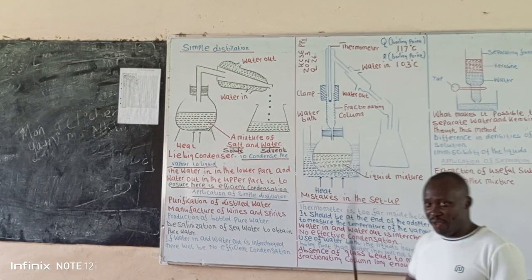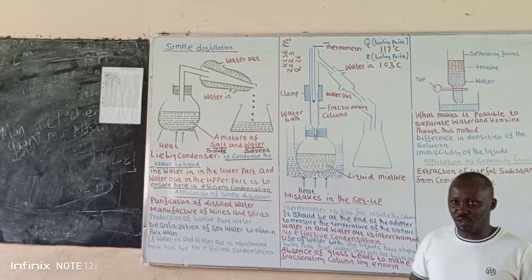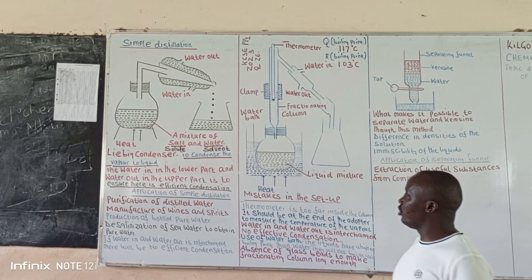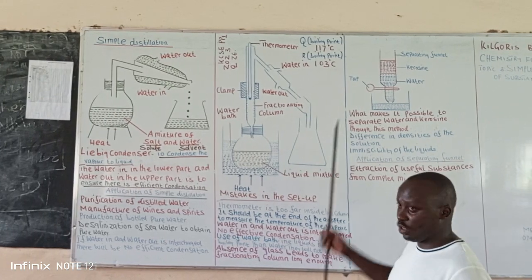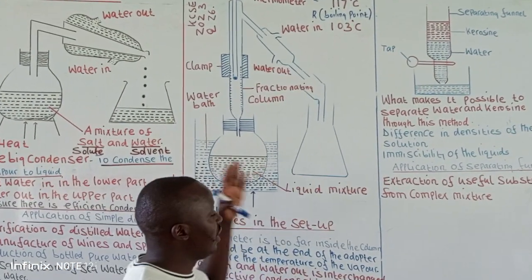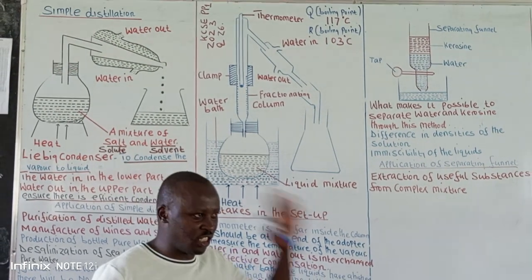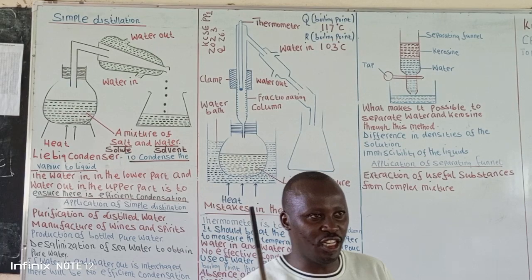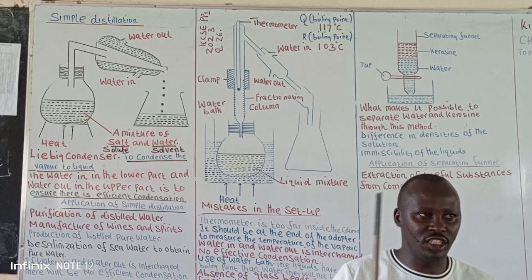If you compare that, in KCSE 2023, question number 26, there was a question dealing with the separation of two liquids, and the method is fractional distillation. So understand that there is a difference between the simple distillation method and the fractional distillation method.